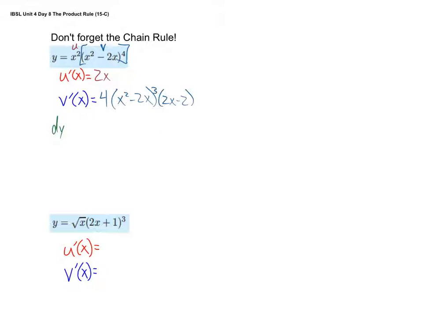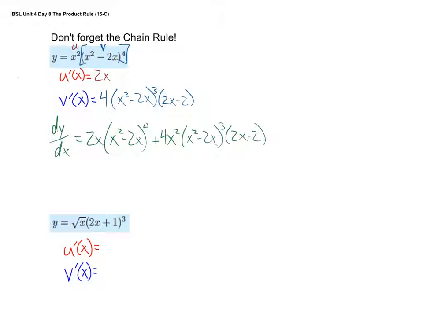So now when we go to do dy dx, I have u prime times the original v, which is x squared minus 2x to the fourth, plus u times that whole v prime. So 4x squared minus 2x cubed times 2x minus 2.